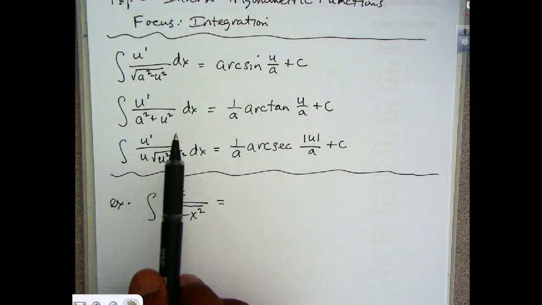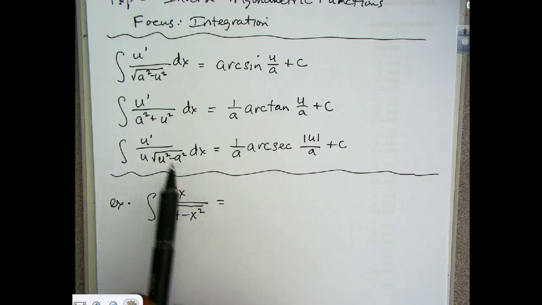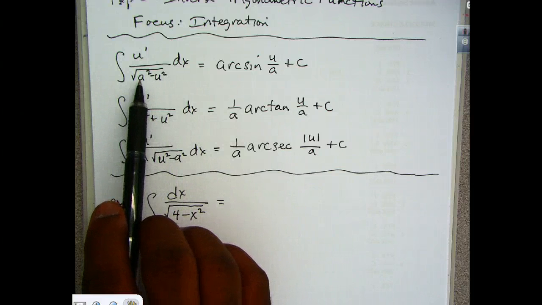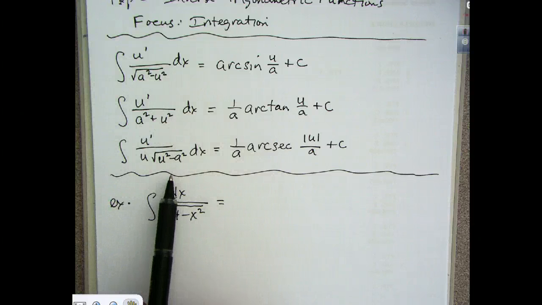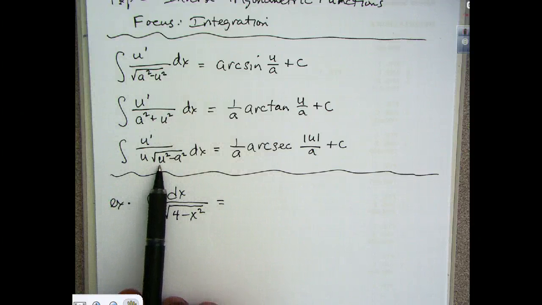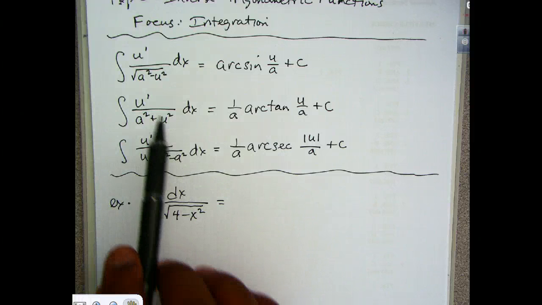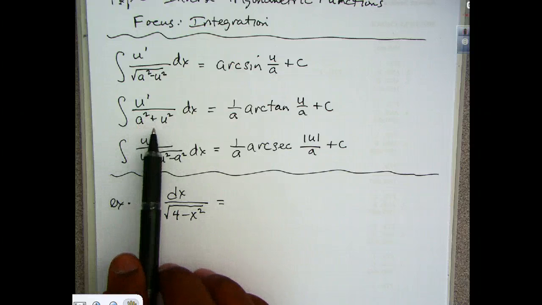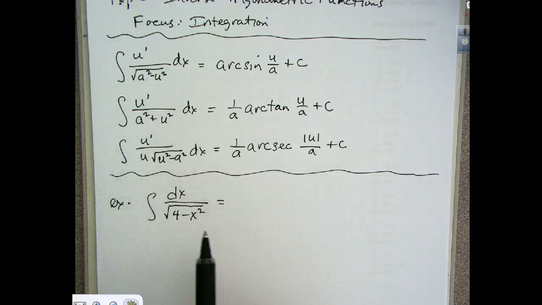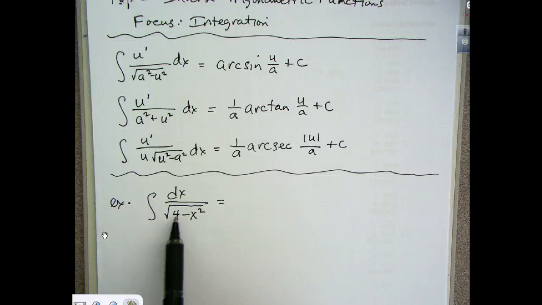With arcsine you have your constant squared minus your variable squared, whereas arcsecant you have your variable squared minus your constant squared. As far as the arctan, it doesn't really matter if I put the constant or the variable first, because there's no square root there. So this one definitely looks like it matches up with arcsine.